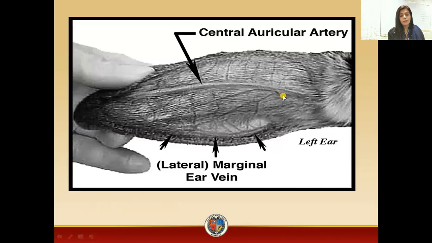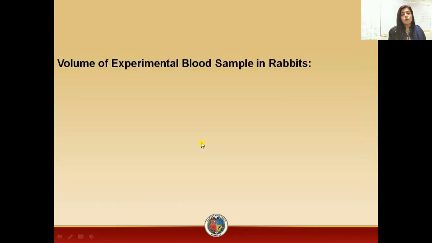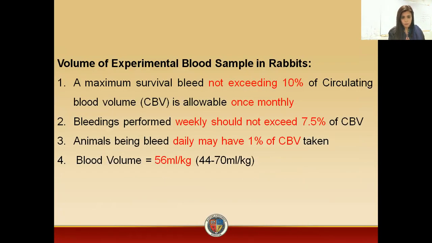Now, this is the figure that is representing the ear of a rabbit. This is the central auricular artery and this is the lateral or the marginal ear vein where we will collect the blood. So, what volume of experimental blood can you collect from the rabbit's marginal vein?